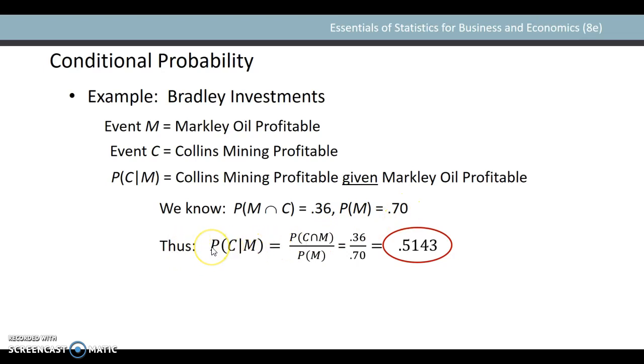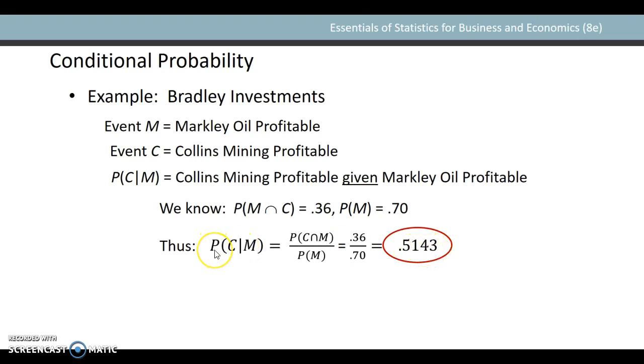So here, the probability that Collins is profitable, given that Markley was profitable, we want to calculate that probability. The probability that Collins and Markley, Collins intersect Markley, are profitable is 0.36, divided by the probability that Markley was profitable, 0.7. We perform the math here, that's 0.5143.